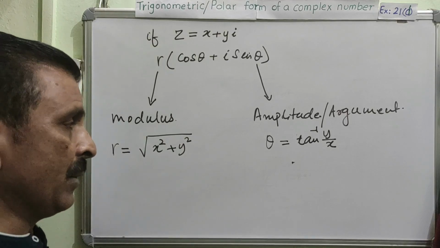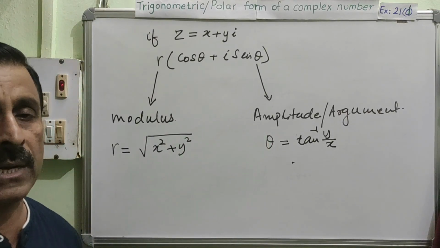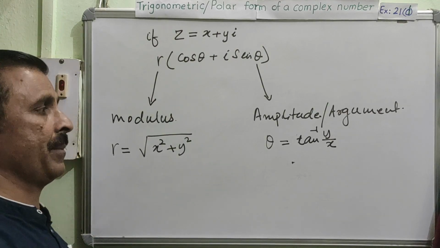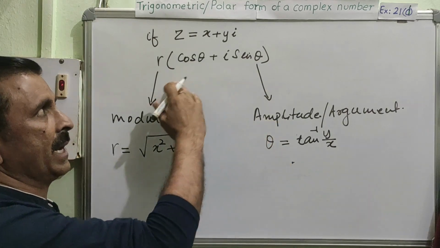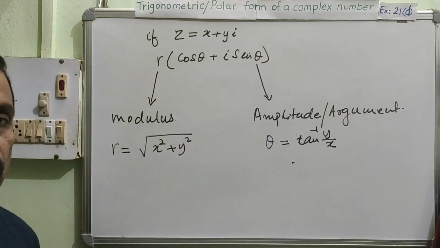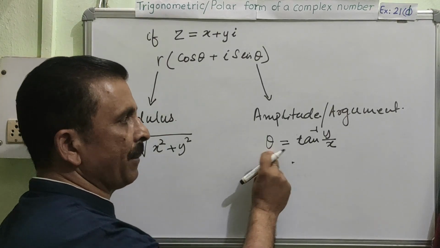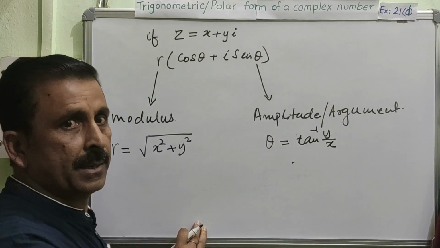We need to know the location of the angle theta. By knowing that, we will be able to get the correct value of the amplitude, and then we can have the correct polar form of a complex number. So I'm going to give you some technique to get the actual value of theta. Is it okay?